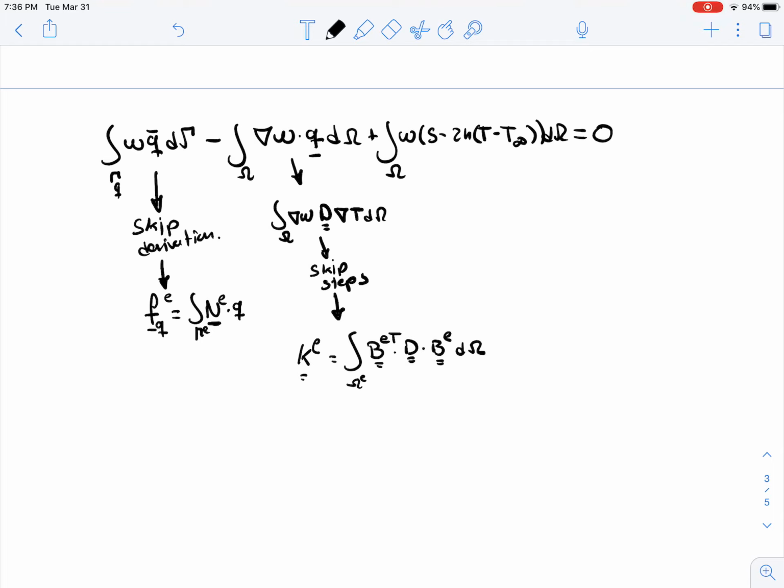Then here, the first term will split into two.